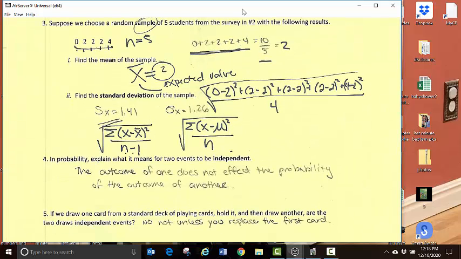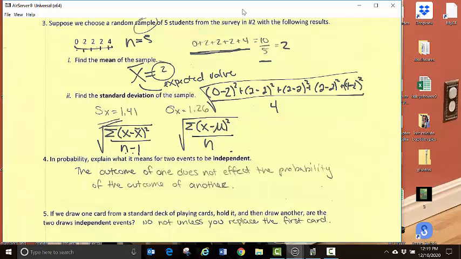Okay, explain what it means for two events to be independent. The outcome of one does not affect the probability of the outcome of another, right? George coming late to school is not going to affect Sally coming late to school, unless maybe they're siblings or boyfriend and girlfriend or something, and him being late, he's picking her up, and so now she's late, okay?